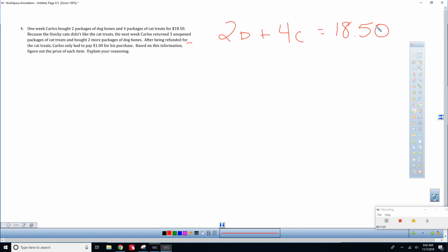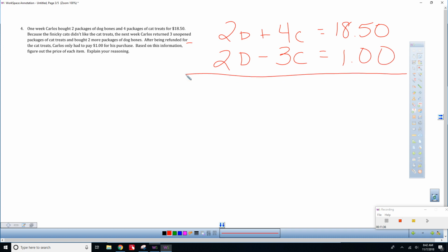Yeah, so he returned 3 unopened packs of cat treats. So negative 3C is what he purchased. And he got 2 more dogs. Okay? I'm down with this. And that was $1. Did he have to pay $1? Yeah.